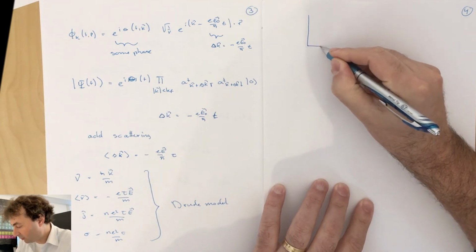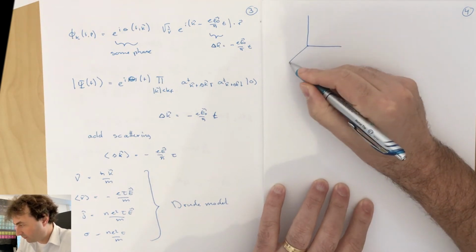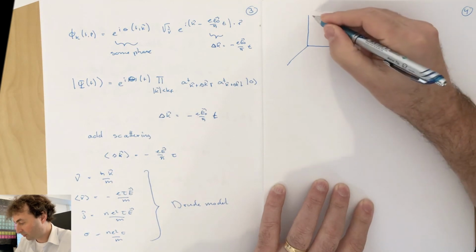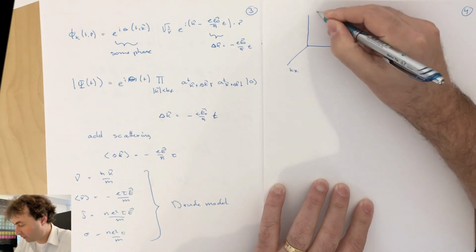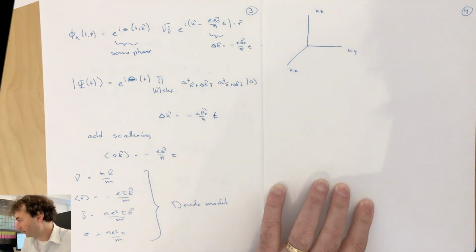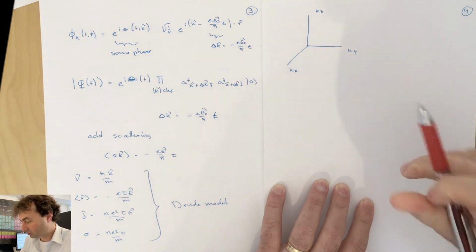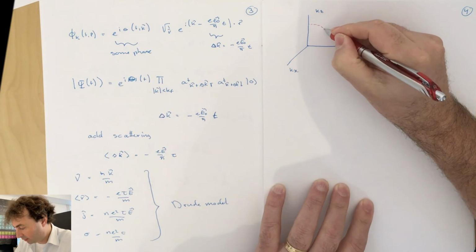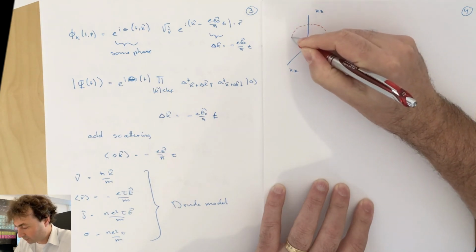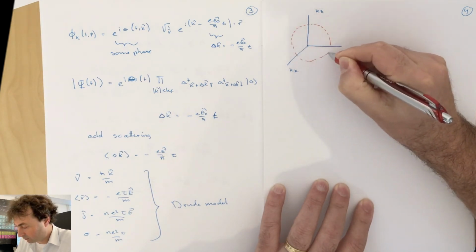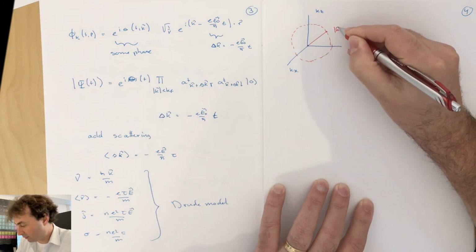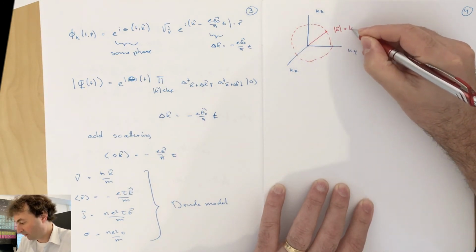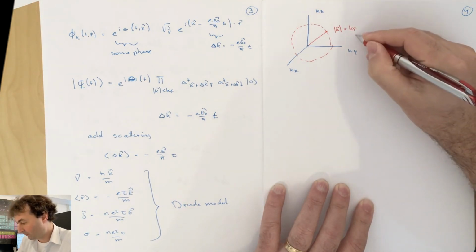For that we can have a look at our Fermi surface. So in k-space, kx, ky, kz, we have our Fermi sphere, given by the length of the wave vector being the Fermi wave vector.